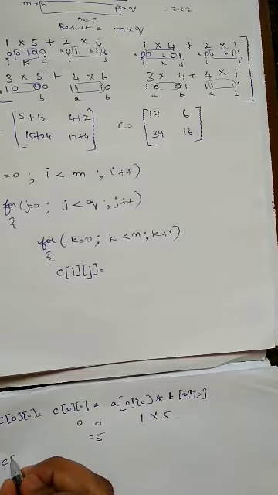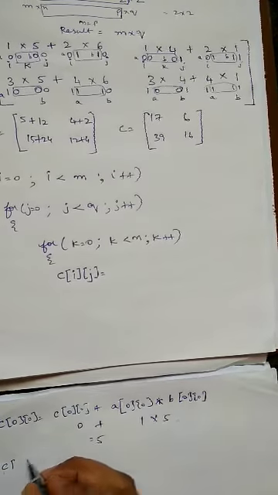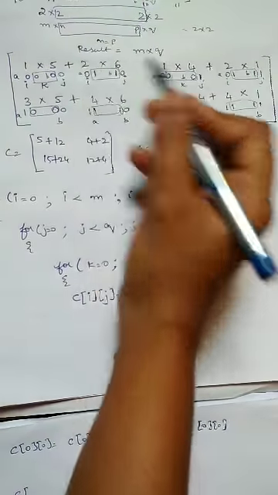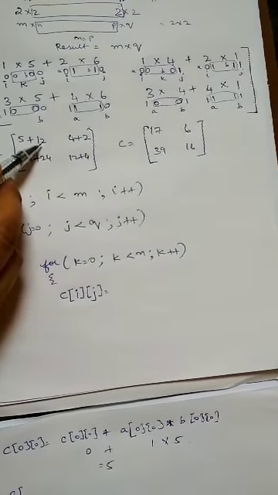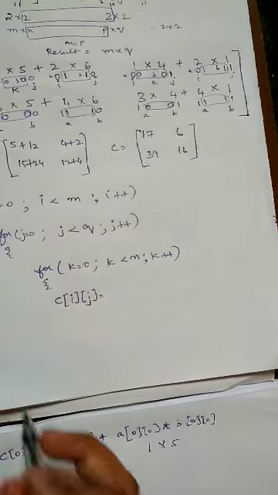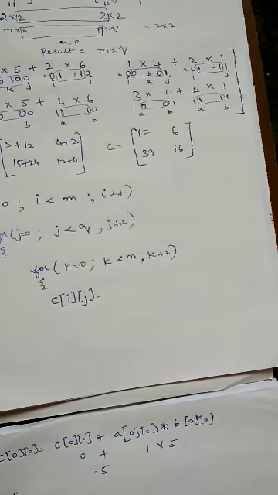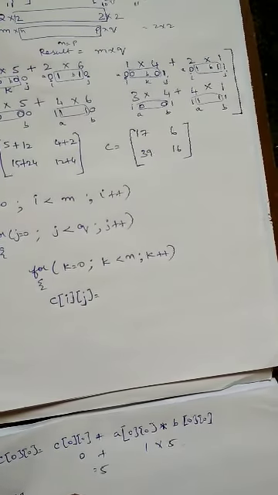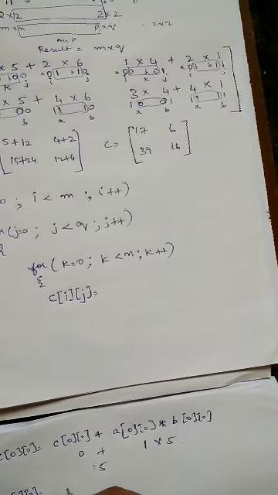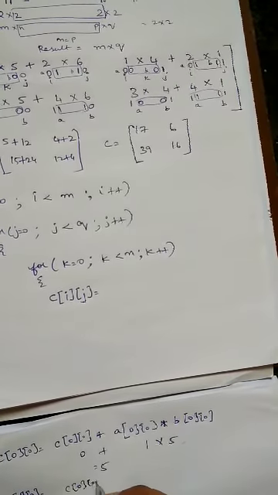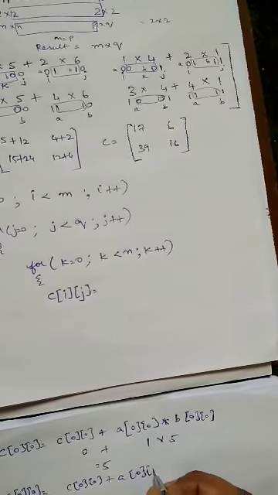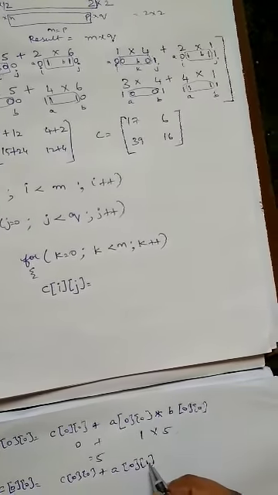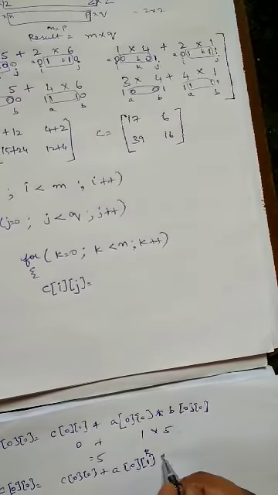Same way I have to get C of, again, this part. I just got 5 here, I have to get 12. So in order to get that, I again have to add into C of 0, 0: C of 0, 0 plus A of, I have to change my value of k.